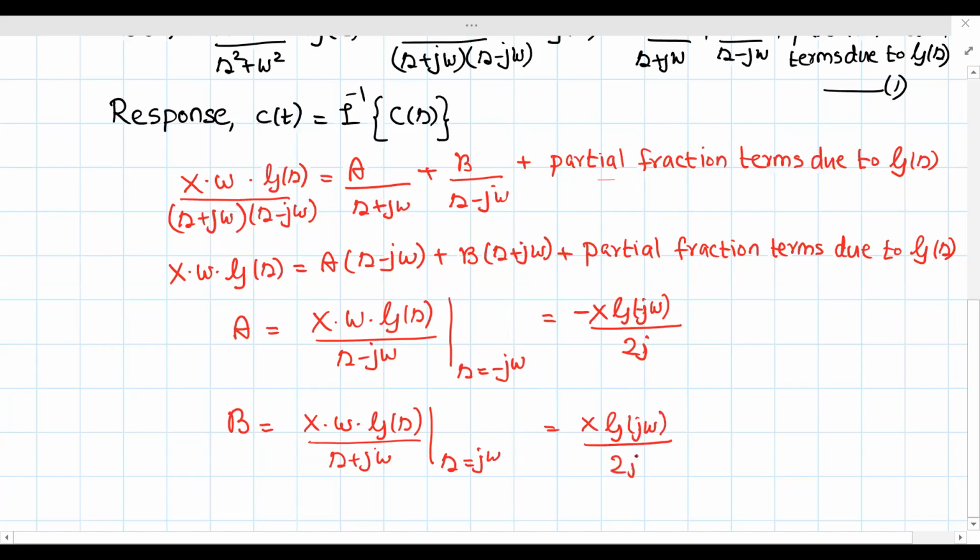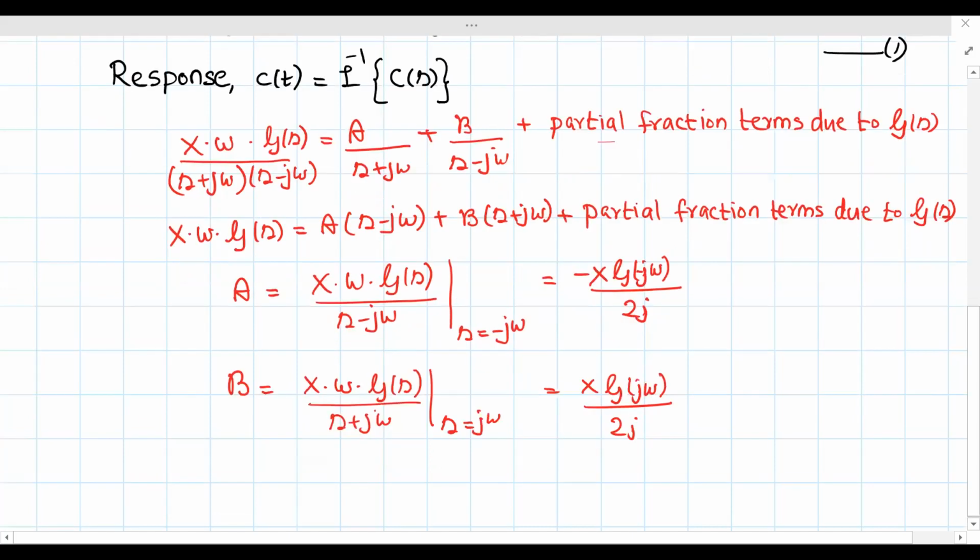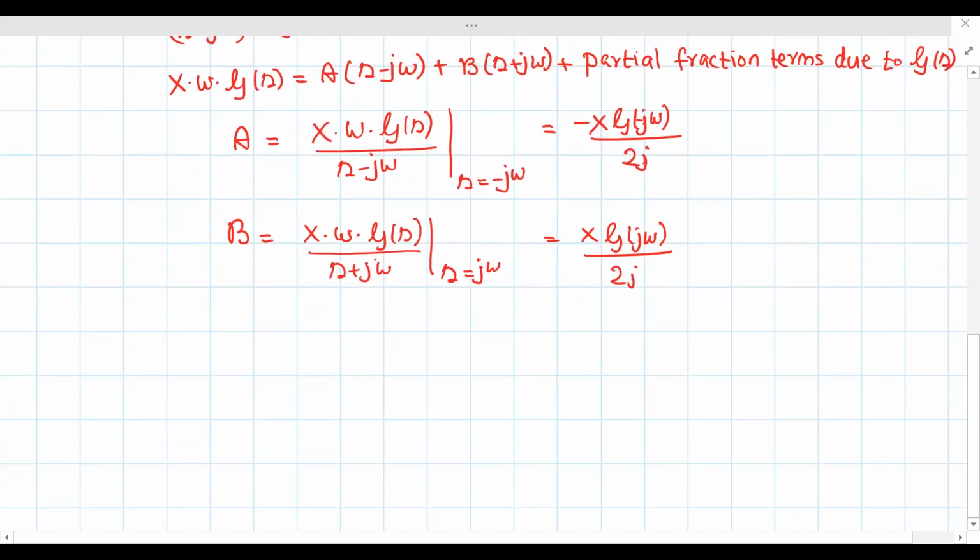Right? Now, g of j omega is a complex quantity. Correct? And we know any complex number has some magnitude and some phase angle.